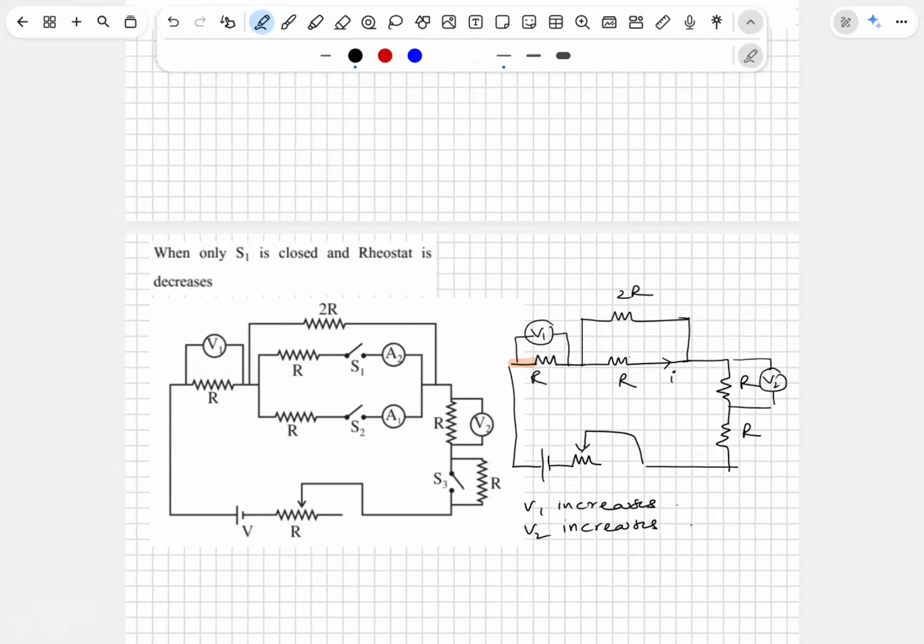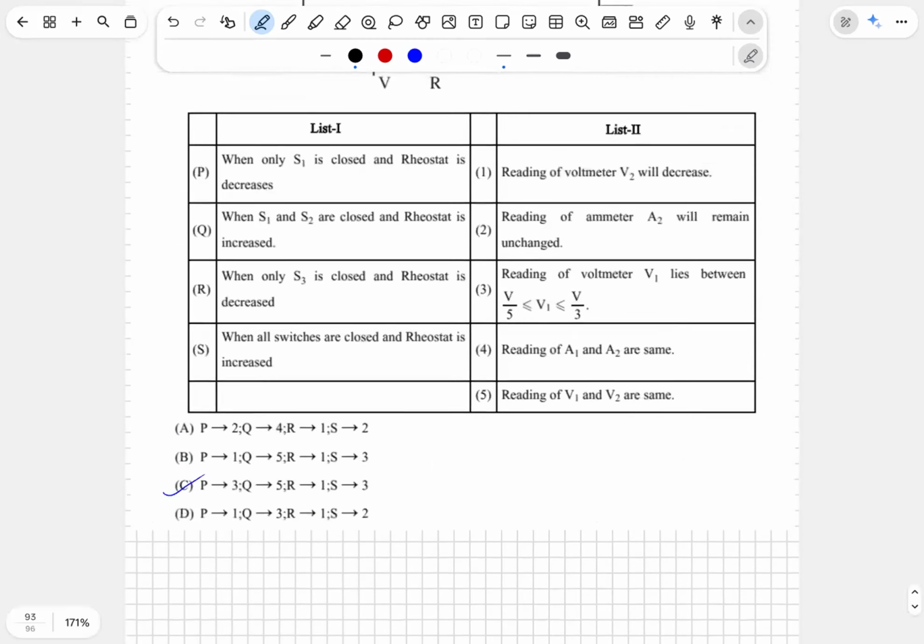And what about the ammeter? When compared to the previous situation, now the drop is higher, so the current increases. So therefore A2 also increases. Now let us see the options.